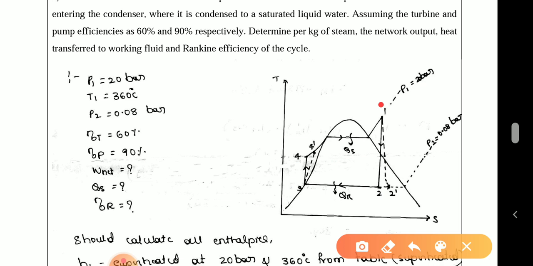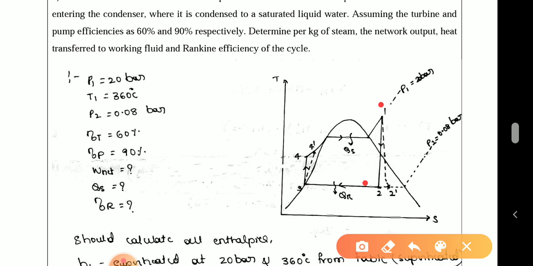This is state 1, located with respect to 20 bar and 360 degrees Celsius. That enters the turbine and is expanded from 1 to 2 in the turbine. The 1 to 2 line is a reversible adiabatic expansion, or isentropic expansion, or ideal expansion line.